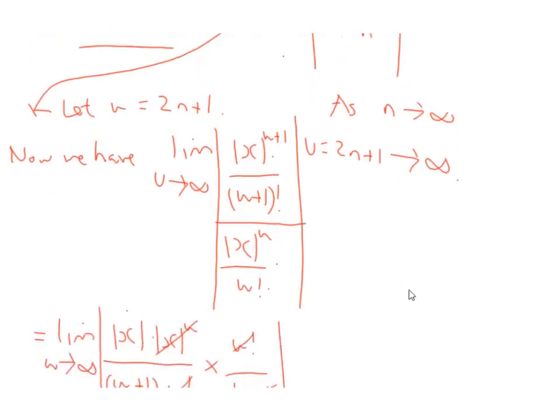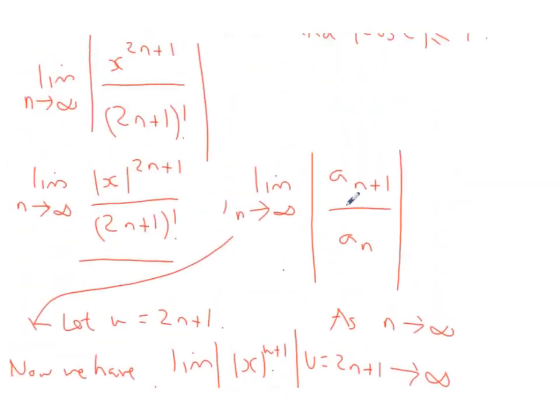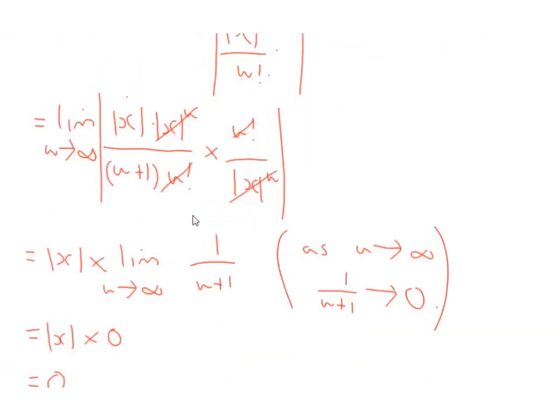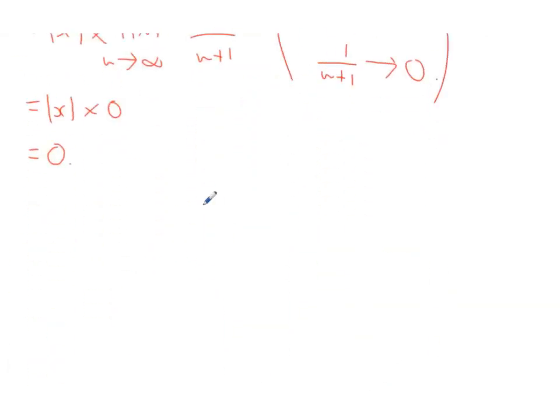And remember what we're actually trying to show converges: the series from n equals 0 to infinity of the absolute value of x to the 2n plus 1 over 2n plus 1 factorial. We've just shown that that converges.